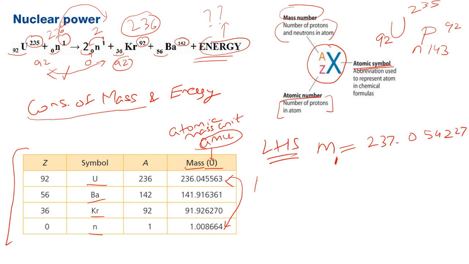Now if I consider the right hand side, check what is the value of the masses on the right hand side, where you have 2 neutrons, 1 krypton and 1 barium. Here it is 235.859959.